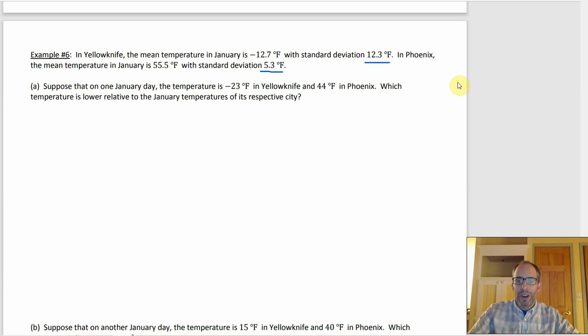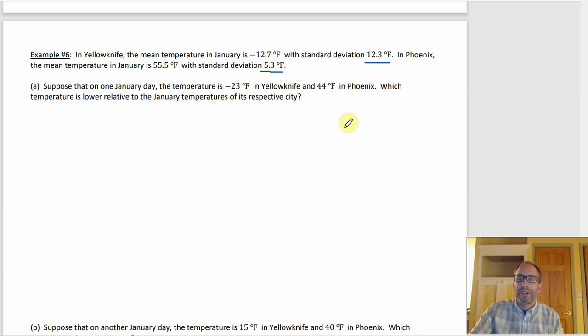So if we've got what we've got here, and notice that I kind of intentionally picked numbers where the difference is roughly the same from the mean. So let's say there's a day in January where it's negative 23 degrees Fahrenheit in Yellowknife and 44 degrees Fahrenheit in Phoenix. I basically just truncated and then subtracted 11, right?